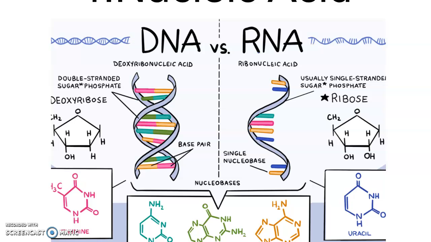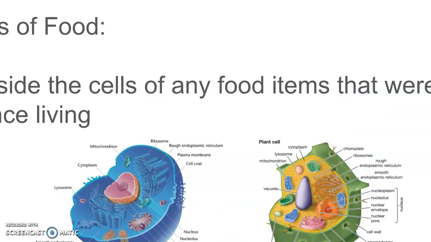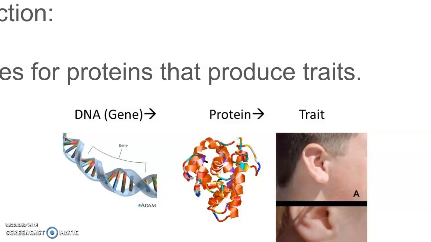Nucleic acid is the last biomolecule. This is going to be your DNA and RNA. So it's going to be inside the cells of any food items that were once living. The function is going to code for proteins that produce traits. So your DNA is going to code a protein, and the protein is going to code a trait.